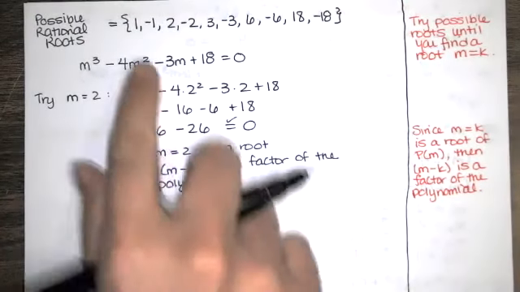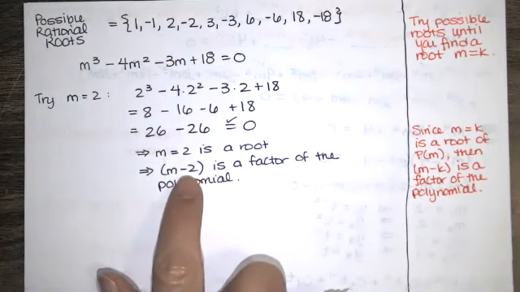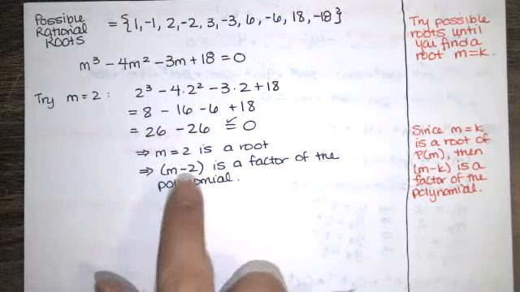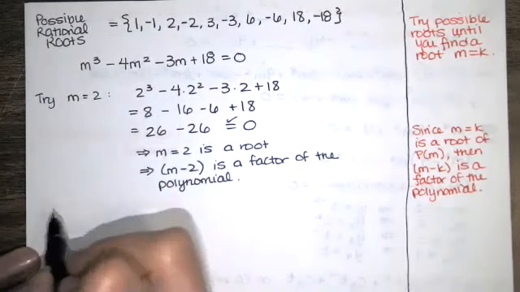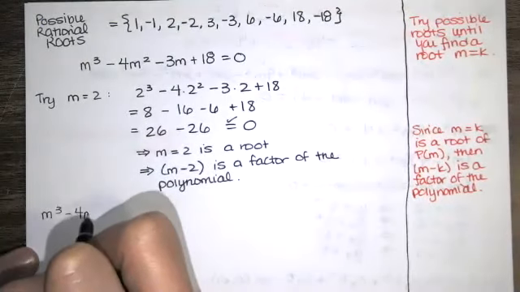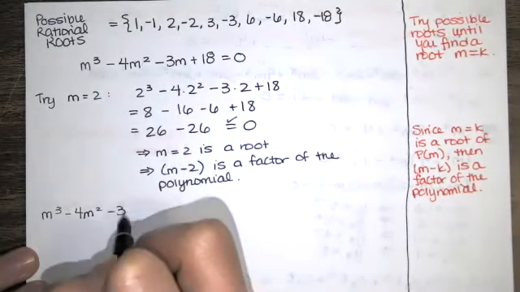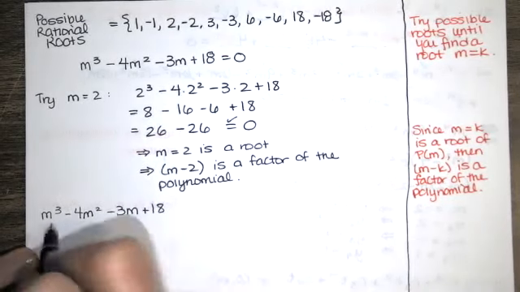So I know that this cubic polynomial is divisible by this linear polynomial m minus 2. Well, not to show that it's divisible by m minus 2, I'm sorry. We need to divide them in order to factor out that m minus 2.